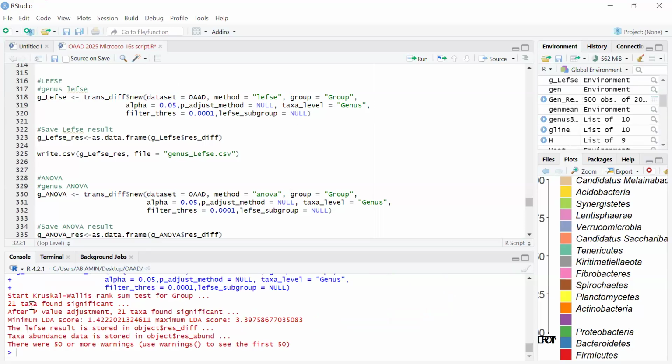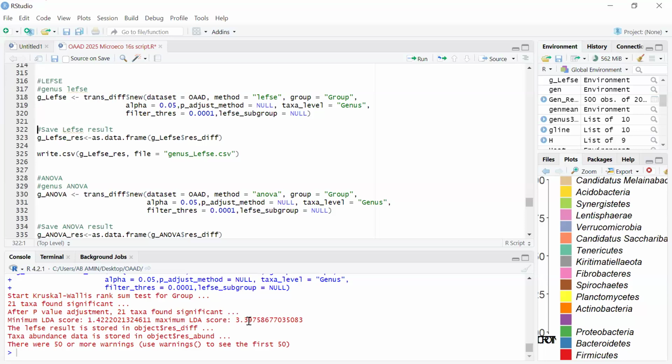If you look at the bottom here, it starts the Kruskal-Wallis rank sum test for the group. 21 taxa found significant, and after p-value adjustment, 21 found significant. Minimum LDA score 1.42, maximum LDA score 3.